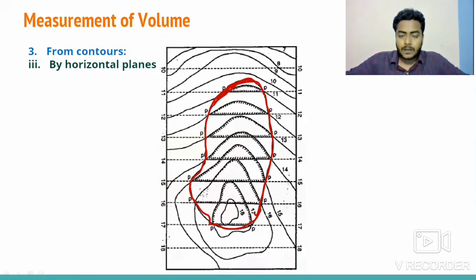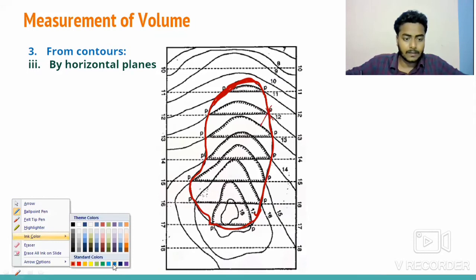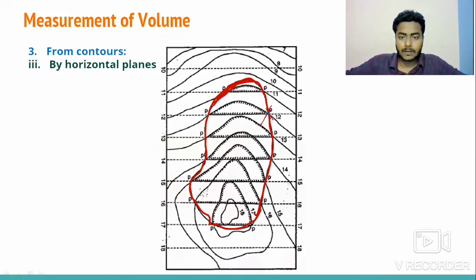Let's talk about this point. At this point, actual ground is 12 meter and we want 12 meter.